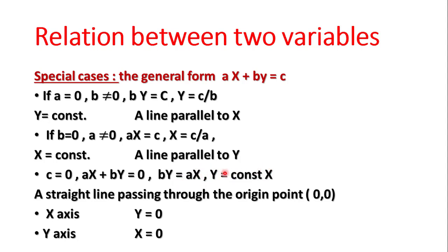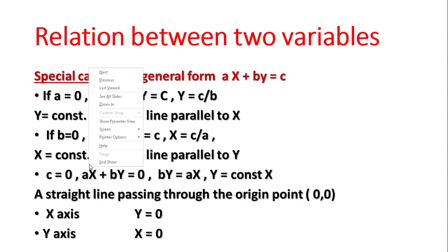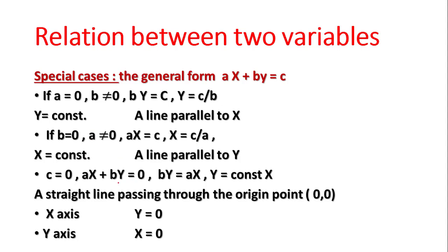Look here, we have c equals 0, so ax plus by equals 0, so by here equals negative ax. Okay, so y equals a constant.